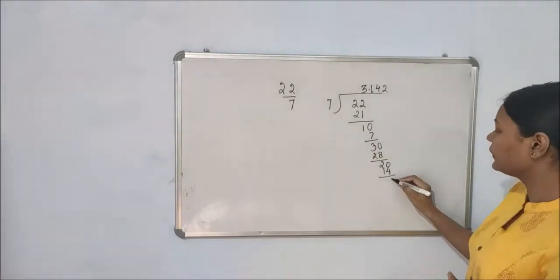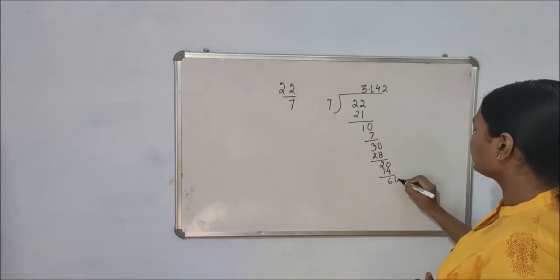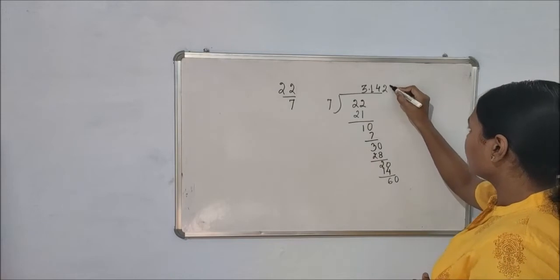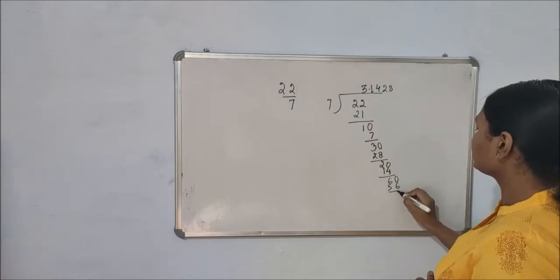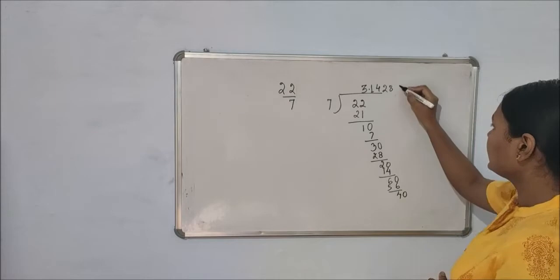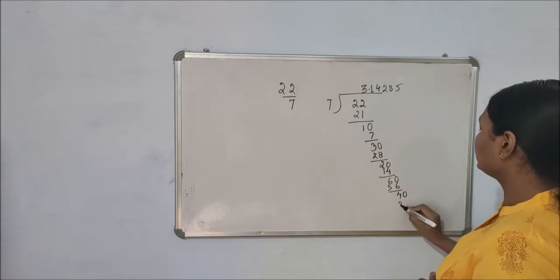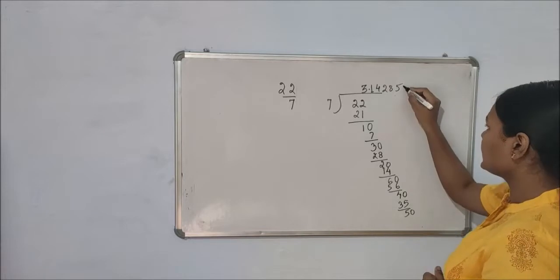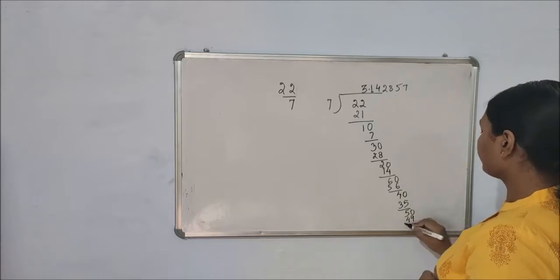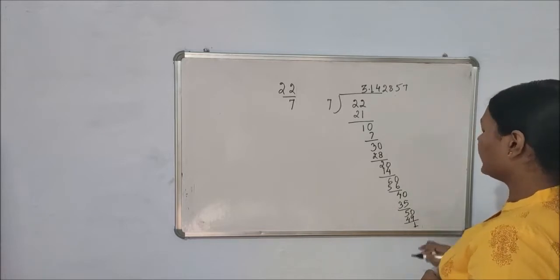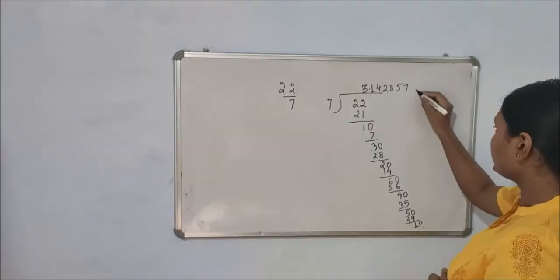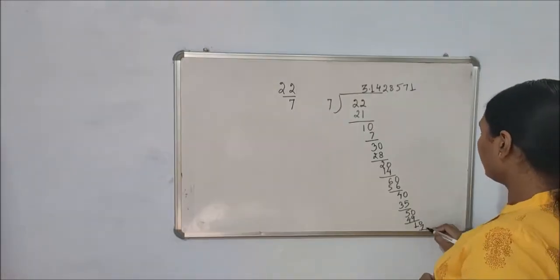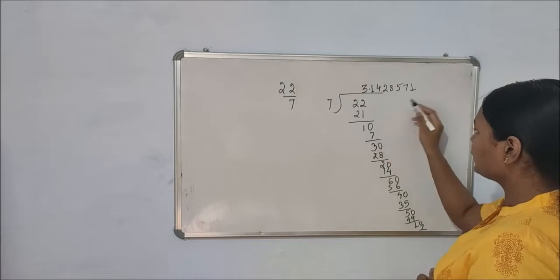Then we have 6 as remainder, again copy down 0. Then 7 8s are 56. Then 4 is the remainder, 7 5s are 35. Again 5 is the remainder, copy down 0, 7 7s are 49 and we have remainder 1, then again 0, 7 1s are 7 and this continues from here.